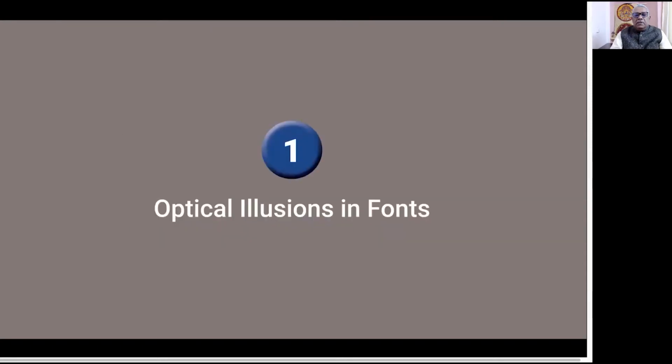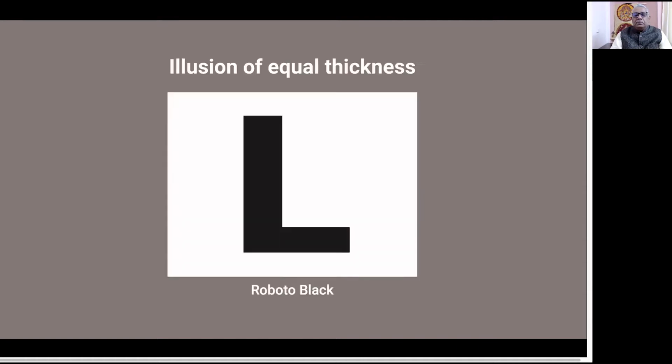First, I will take a brief look into some of the optical illusions found in font design. All typography enthusiasts and font designers are trained and aware of these illusions.